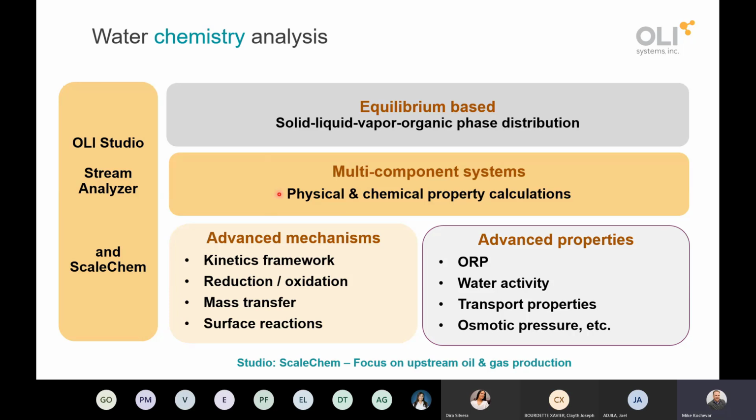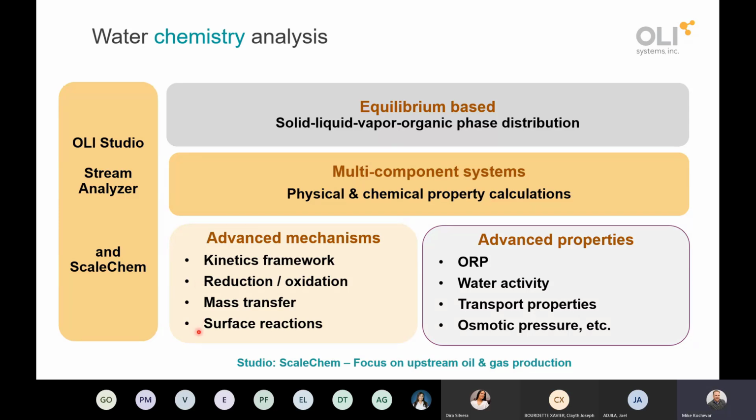During that, we'll calculate a list of physical and chemical properties. We can do things like kinetics. We don't have kinetic data in the software, but there's a way for you to enter that if you do. So if that changes the behavior of your system, we have a way for you to enter that. Redox chemistry can also be important.